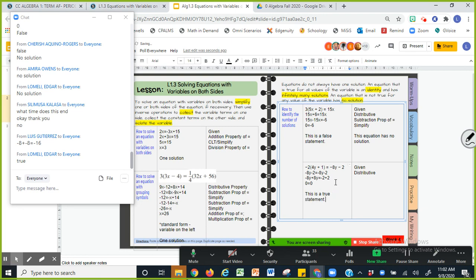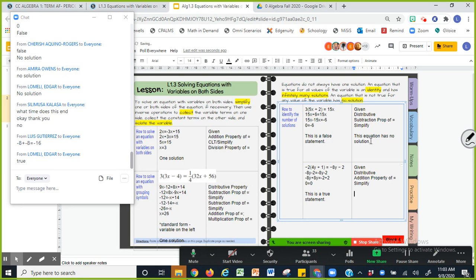So if a false statement has no solution, what about the example that we just did right now? Let me write down the property here. We added to both sides, so that's the addition property of equality. And then we simplify.